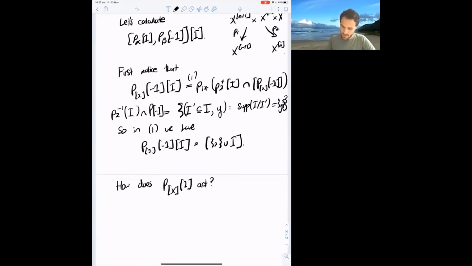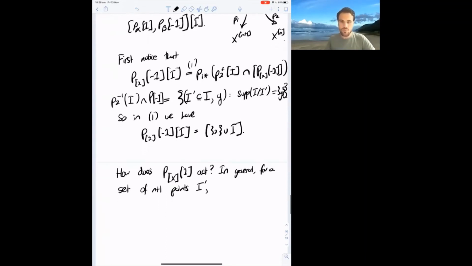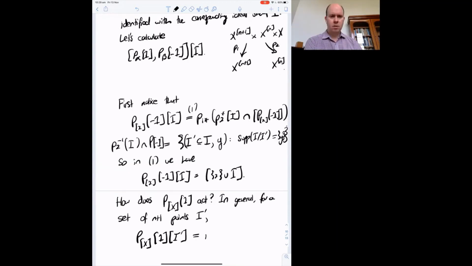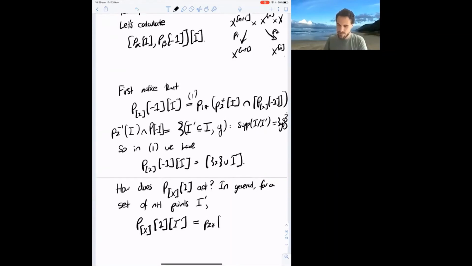In general, for a set of n+1 points I prime, p big X of 1 applied to I prime means we push forward by p2 after pulling back by p1 of the class of I.